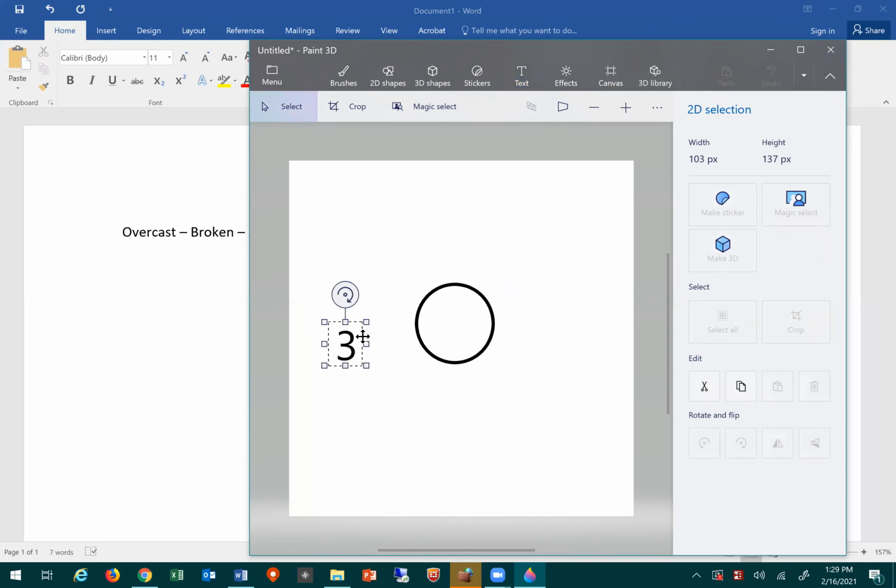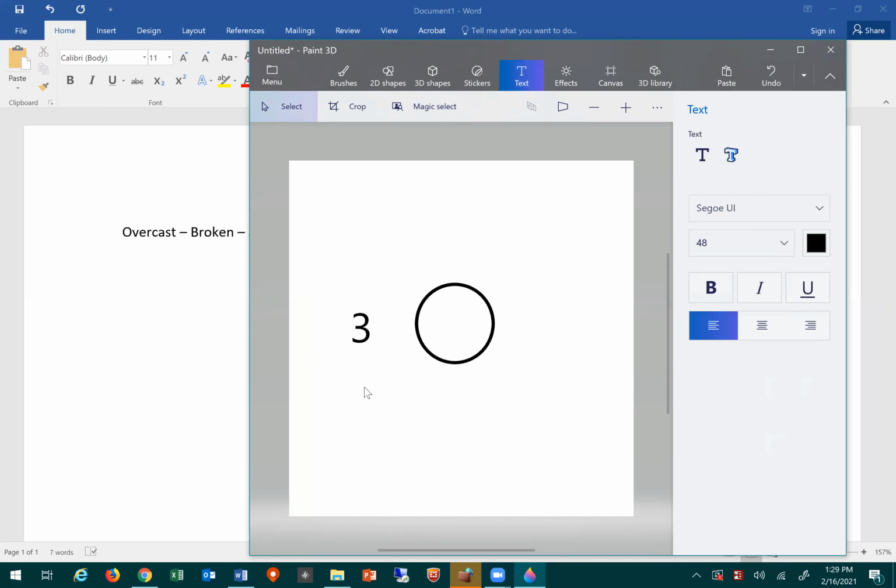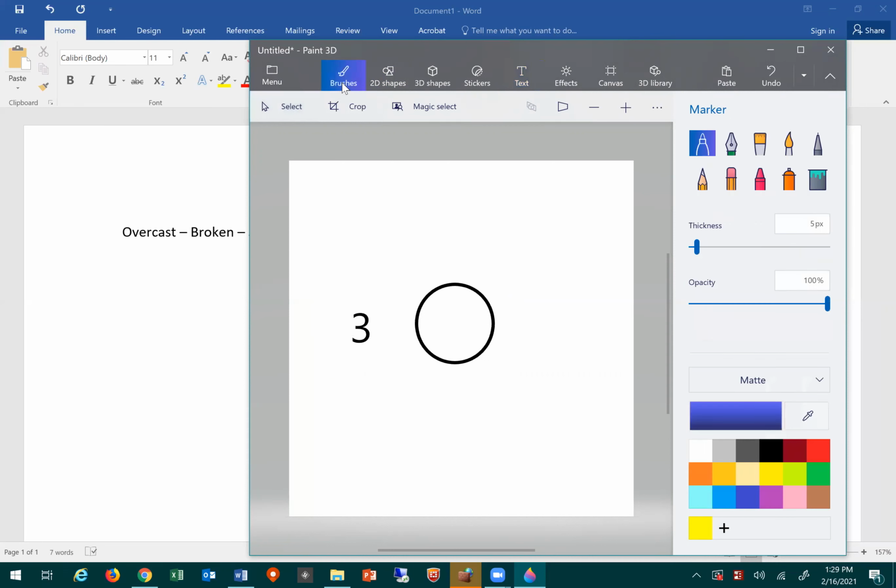If I put it in there, that might be 3 miles of visibility. So that's a horizontal visibility, far to the left of the station. And what's to the immediate left? What goes to the immediate left is a symbol for current weather conditions.